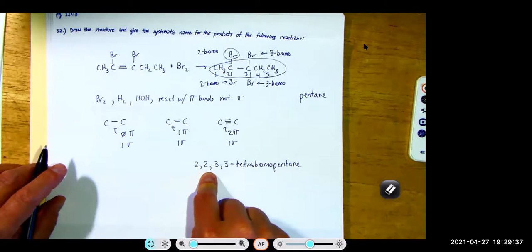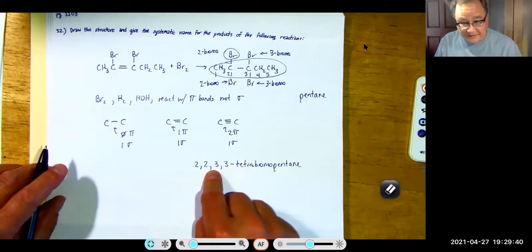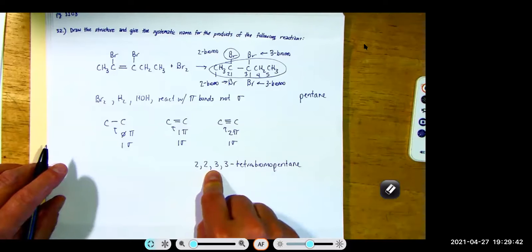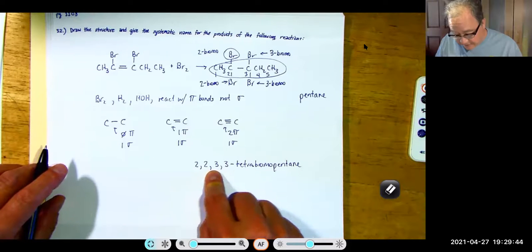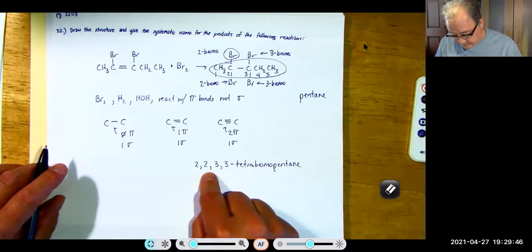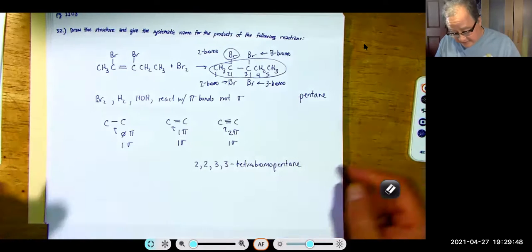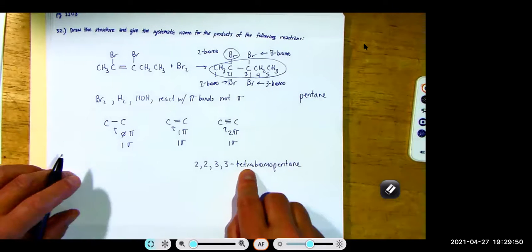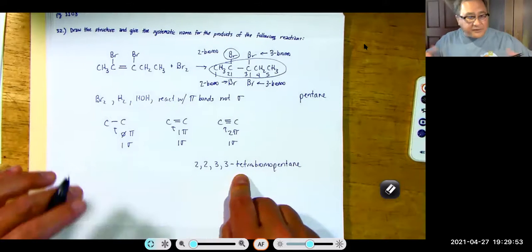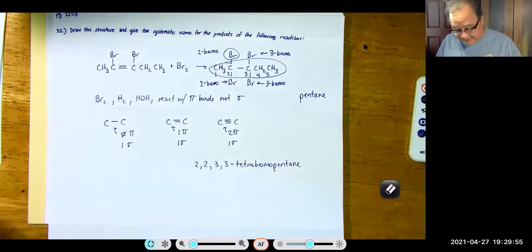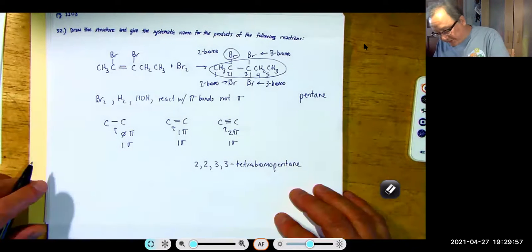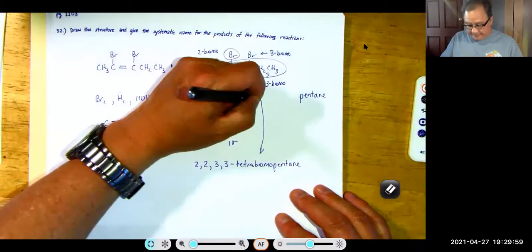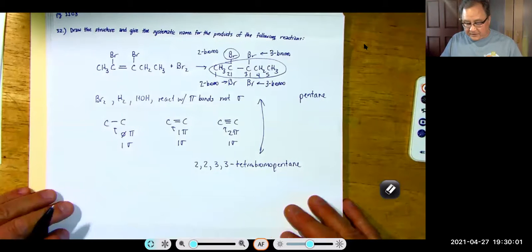If this said penta, how many numbers would you need? 5. And if it said tri, how many numbers would you need? 3. And di, 2. And we don't use the word mono. If there's 1 bromine, we just say 1 bromo or 2 bromo or whatever it is. So this is the name.